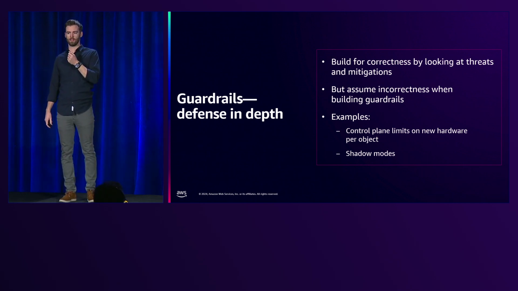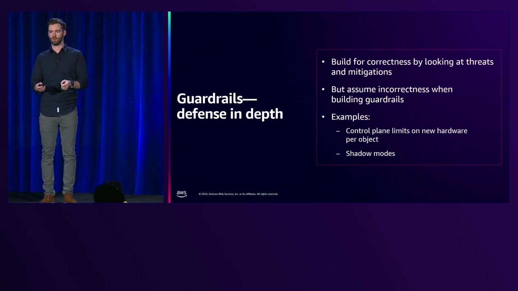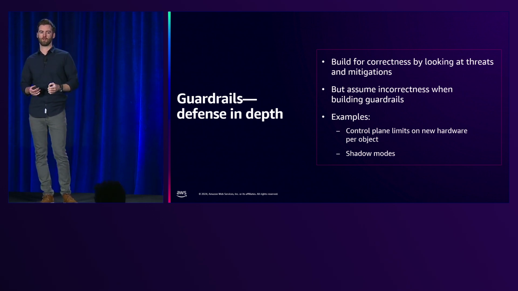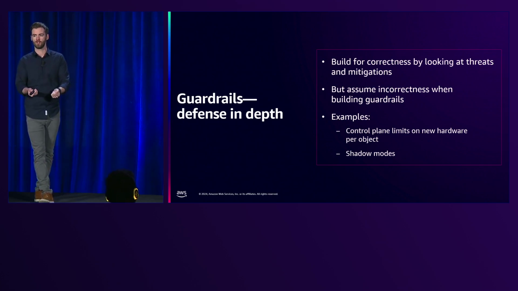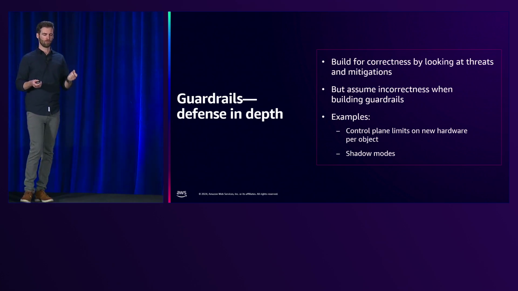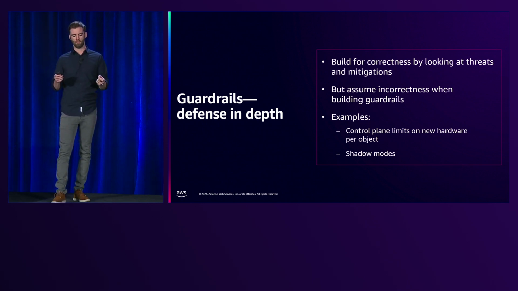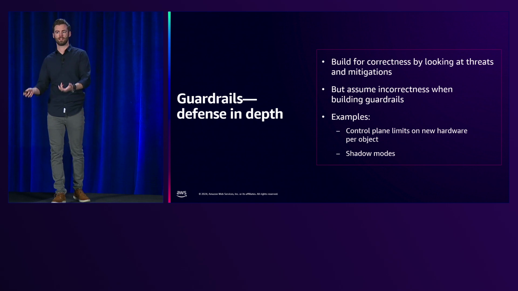Two quick examples of these. The very first one is control plane limits on new hardware. When we introduce new hardware, as I mentioned, we only do it one availability zone at a time. We introduce that new hardware into a single availability zone. However, our control plane also prevents the data for your objects from being disproportionately placed on this new hardware.